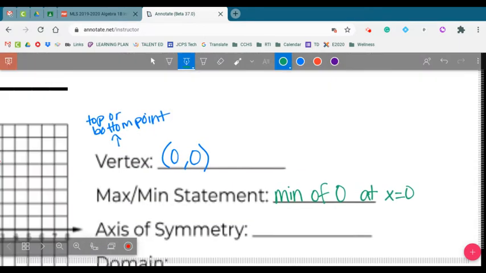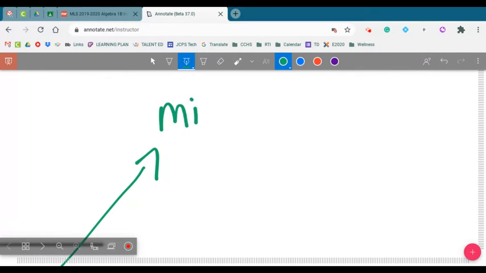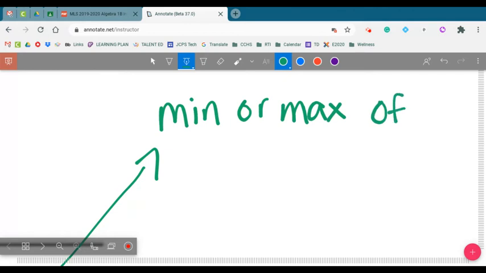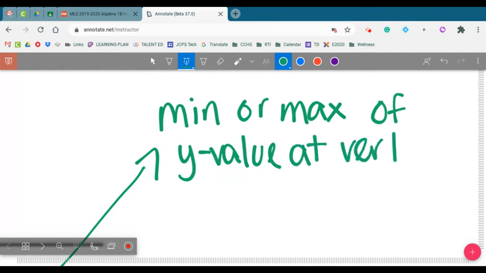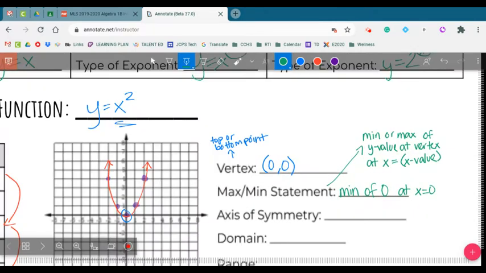So our statement is going to be a min or max of my y value at my vertex, at x equals your x value at your vertex. Keep that in mind, it's going to be pretty much the same every time.